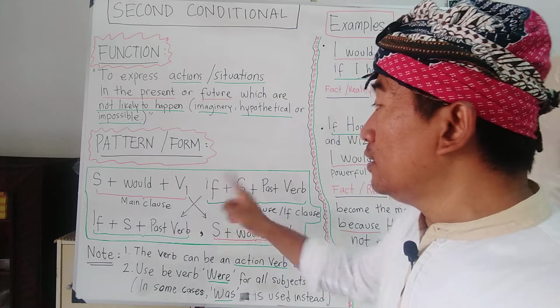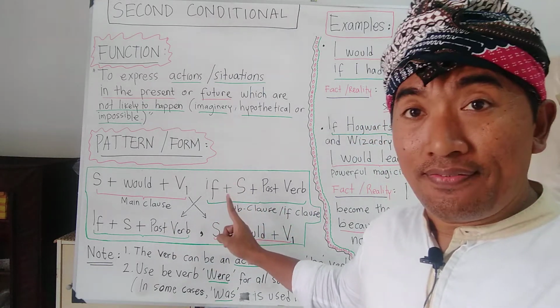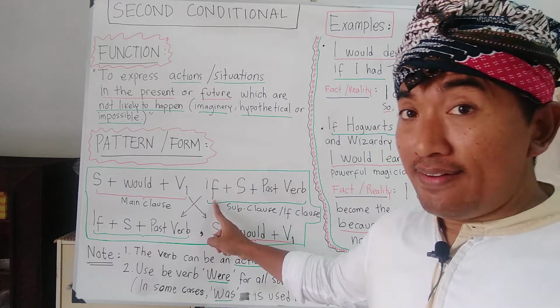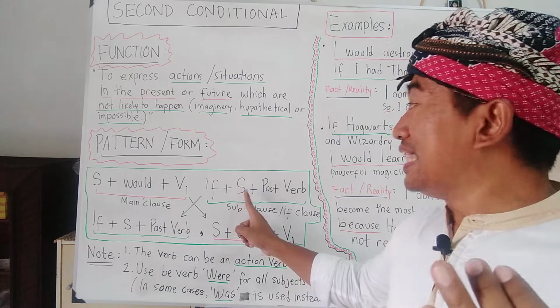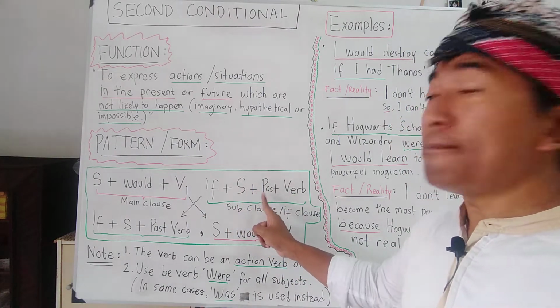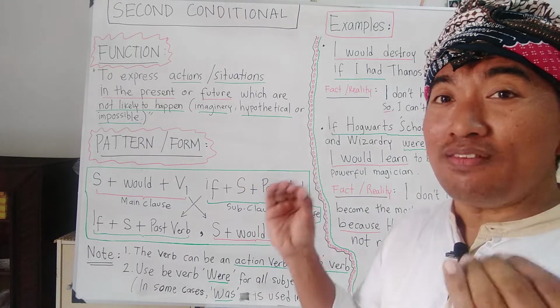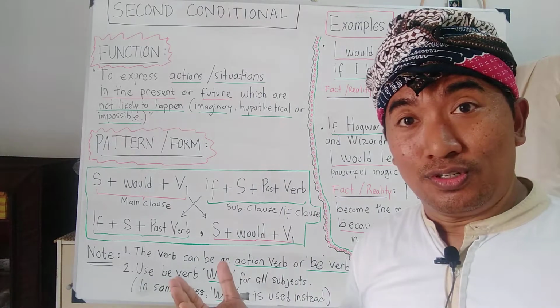And then you continue with the if clause. In the if clause, it has if, of course, because the name is already if clause. If, and then subject, and then past verb. Remember, it's past verb. It can be any verb, but it should be verb 2 or past continuous verb.